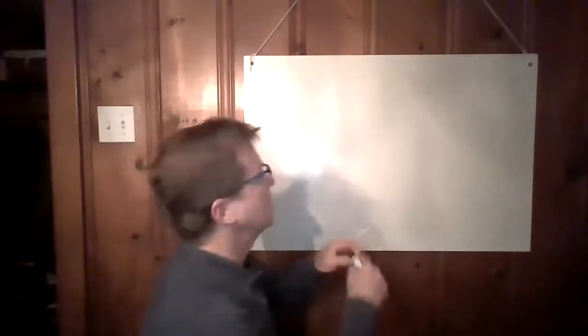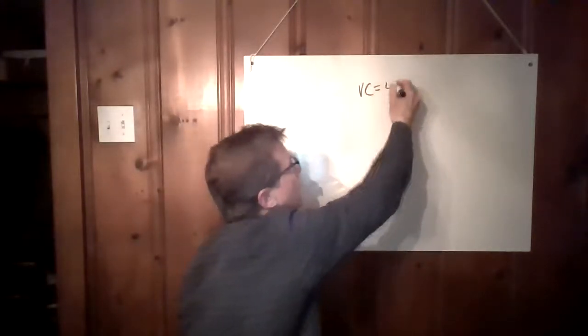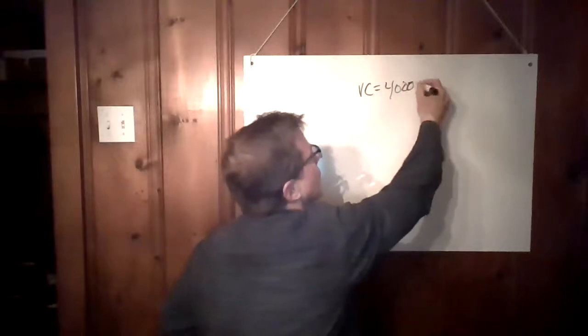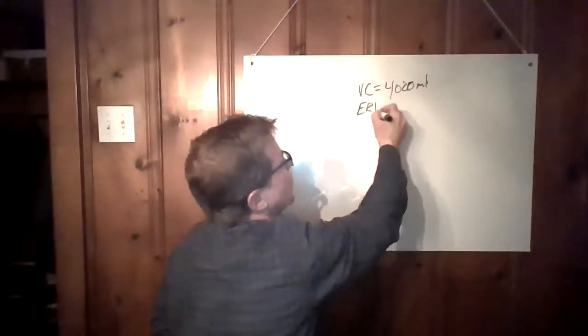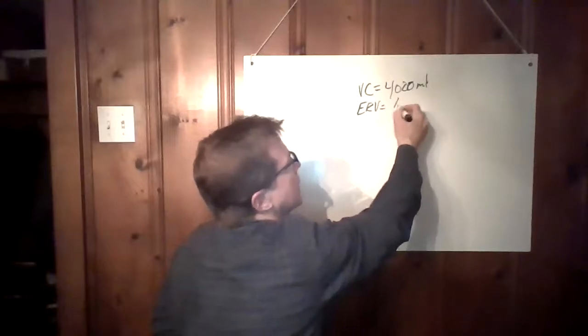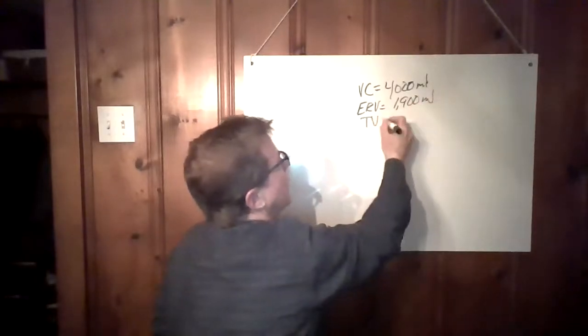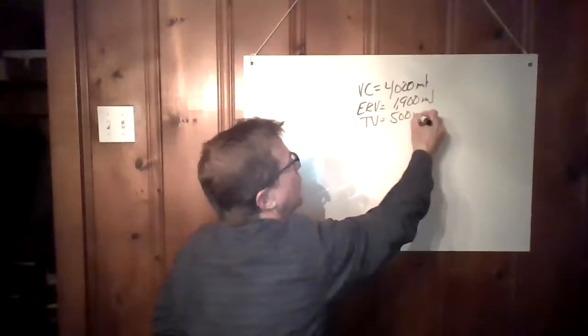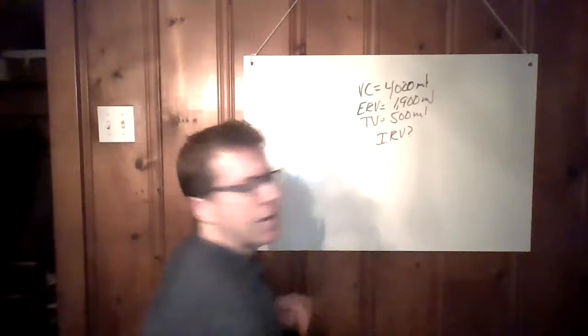Let's do this on the board. If I give you a problem that says my vital capacity is 4,000 milliliters, my expiratory reserve volume is 1,900 milliliters, and my tidal volume is 500 milliliters, what's my IRV?